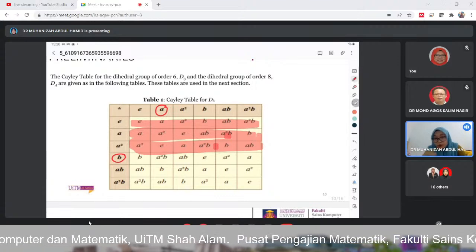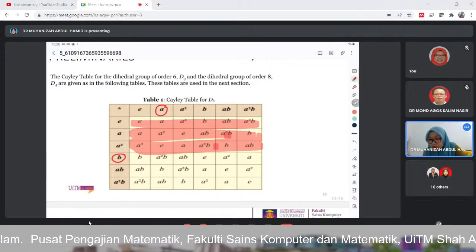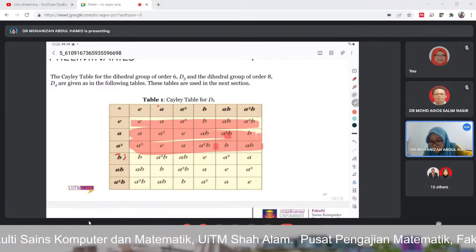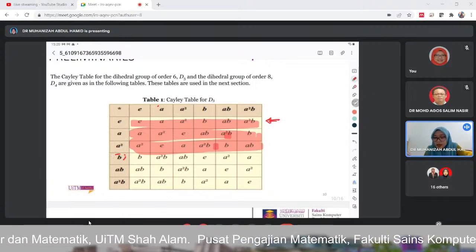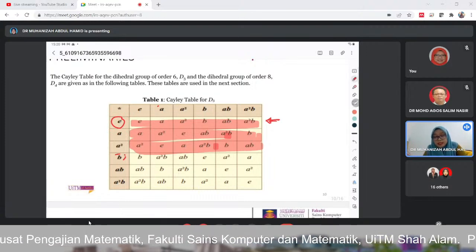Before we multiply these two elements, usually the first row here corresponds to the identity.